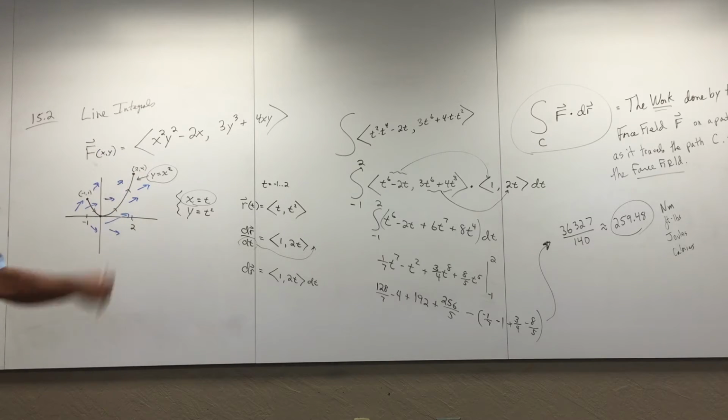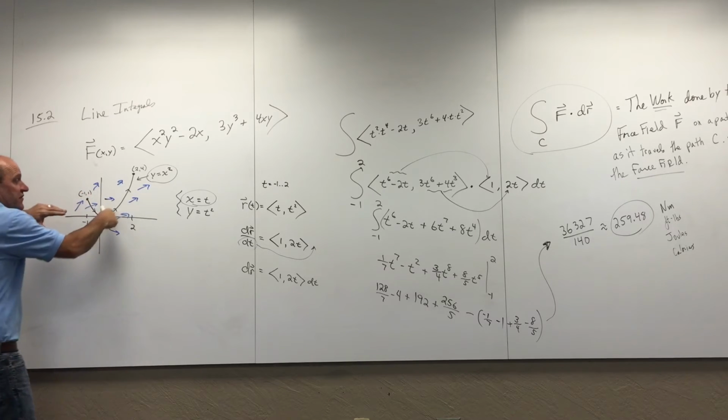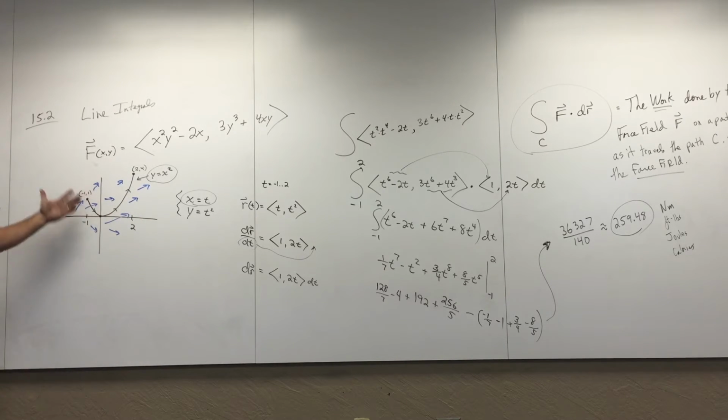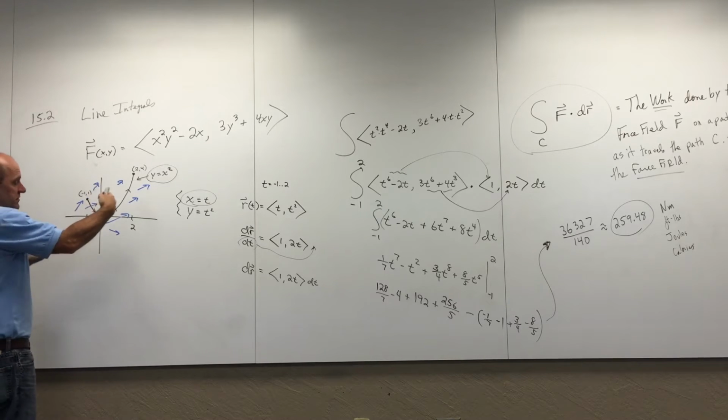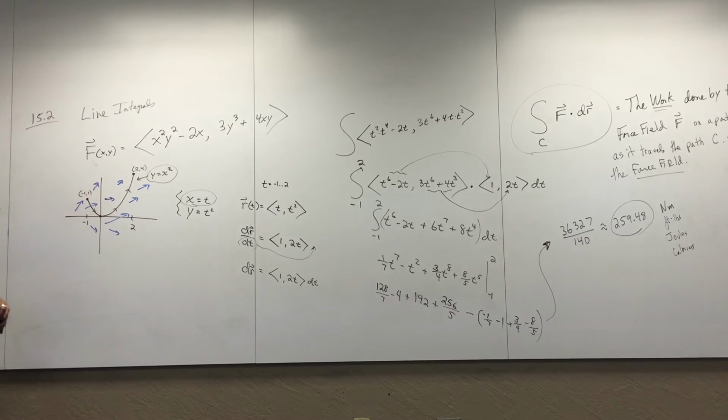The fact that it came out positive kind of means that the vector field was kind of with the direction of motion, which is kind of like what I drew. It came out positive. When it comes out negative, that means most of the vectors were kind of against the direction of motion.